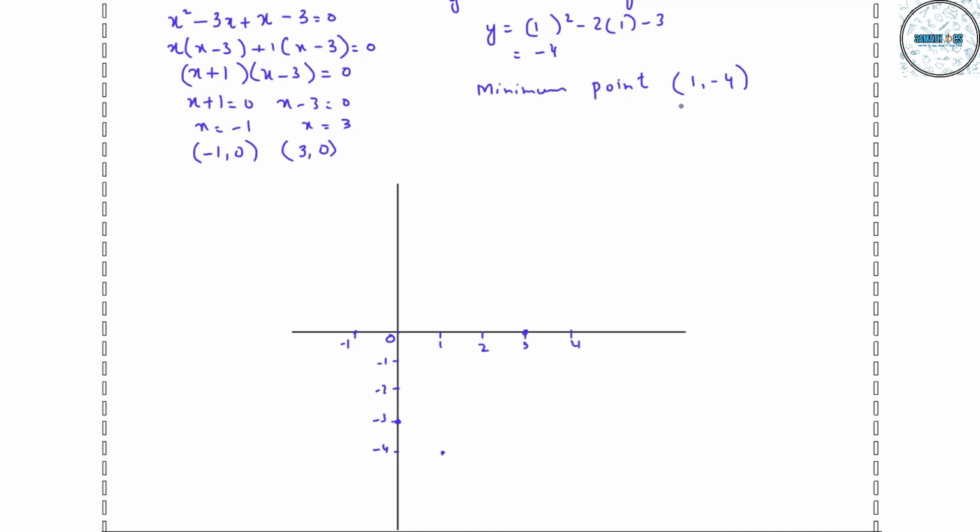If minimum point is at 1, comma minus 4, it means that at x is equal to 1, there is line of symmetry. So we can draw a line of symmetry at x is equal to 1. Now we can join these points by a smooth curve.